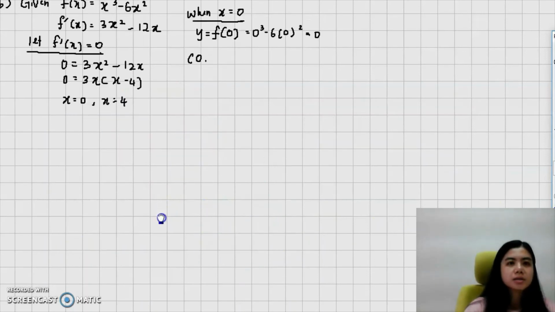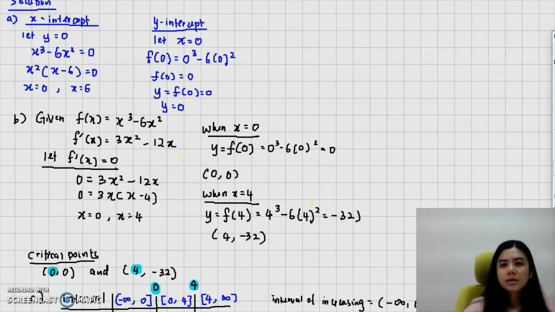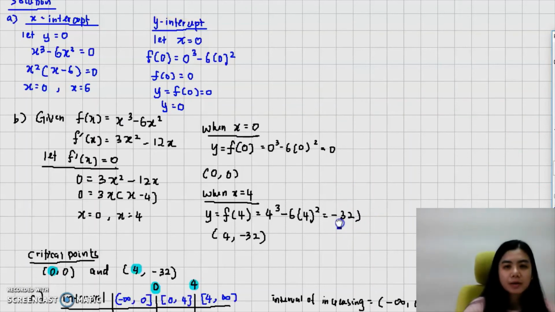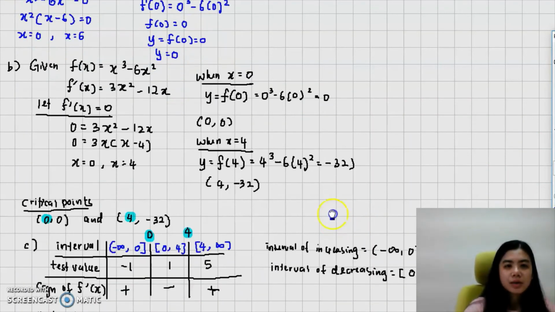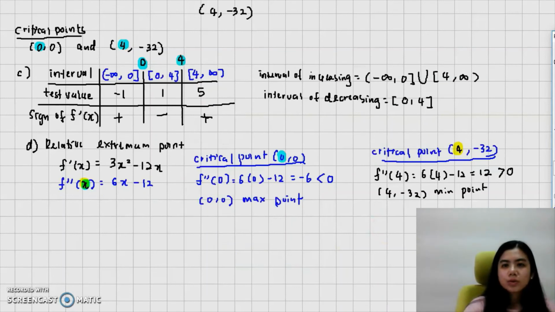We need the information of the x-intercept and y-intercept, that is this one and this one, and we need the information of the maximum point and minimum point. So that is this one and this one, right?